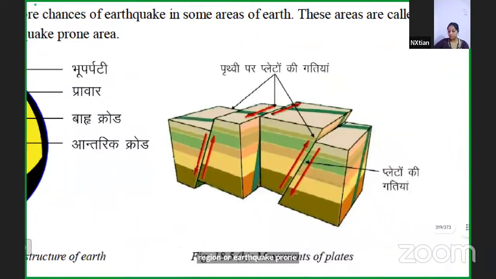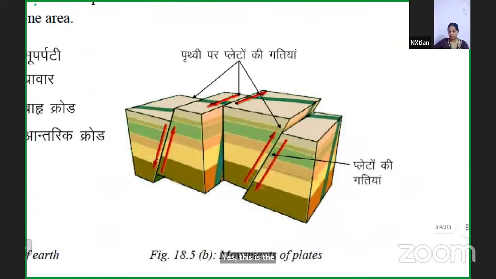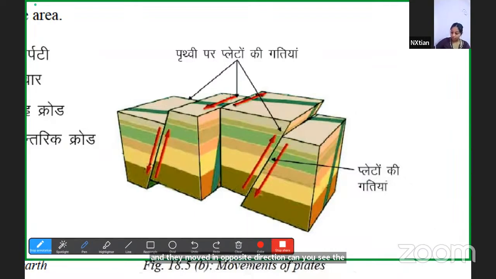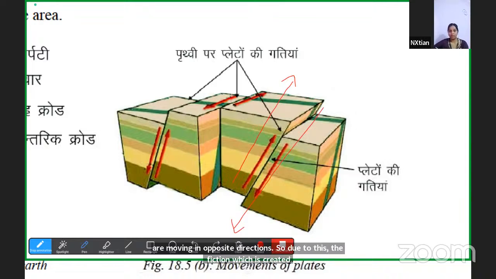This is the plates, and they move in opposite directions. Can you see the arrows? They are moving in opposite directions. One arrow is this way, one is this way. So due to this, the friction which is created causes the earthquake to happen, the land to tremble.